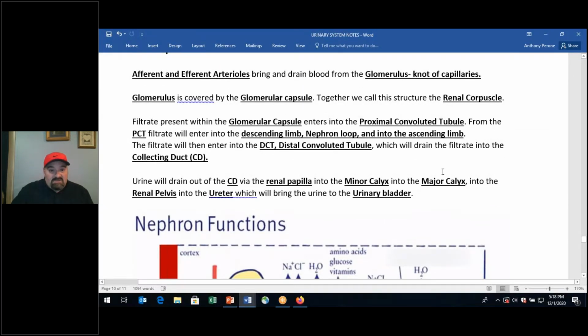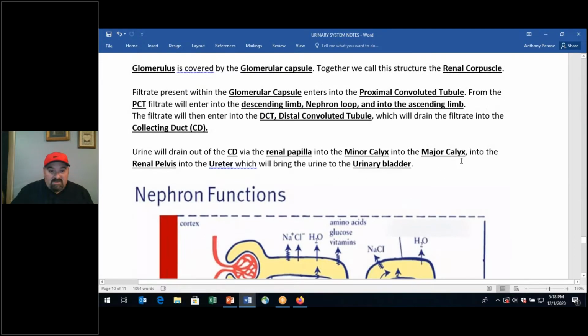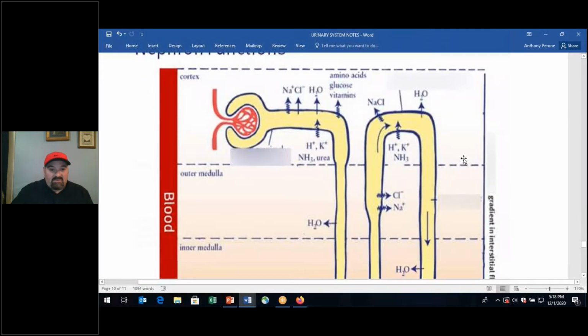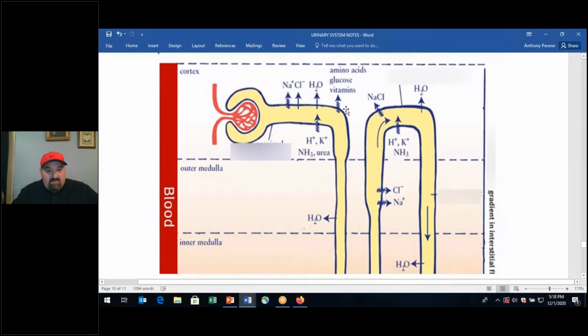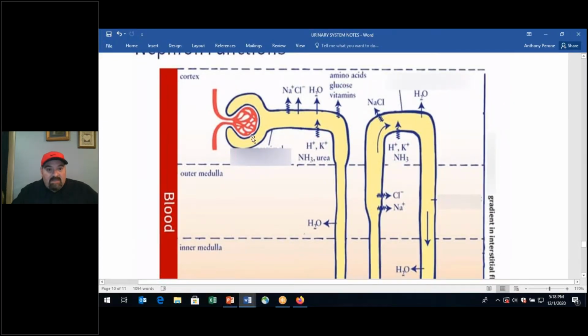And then I've given you just a little bit more at the end of the note here, showing what's taking place as far as what's leaving. This would be reabsorption, these arrows going out of the tubular network, right? So look at this here. This would be the renal corpuscle, glomerulus, glomerular capsule, proximal convoluted tubule, PCT.